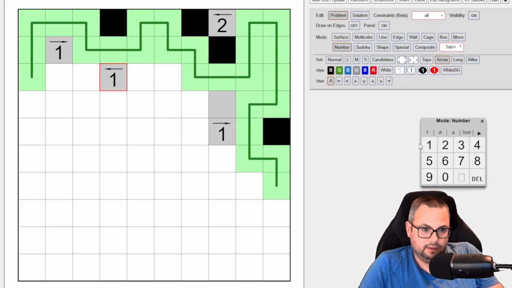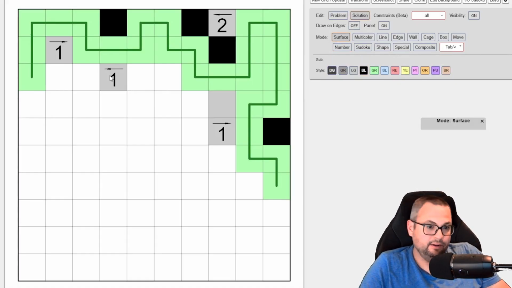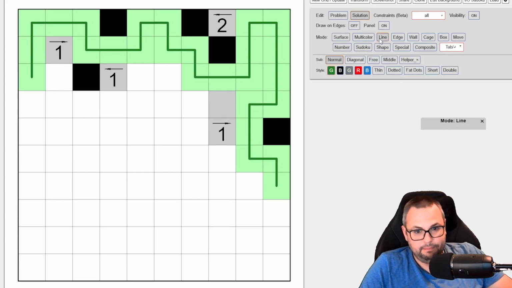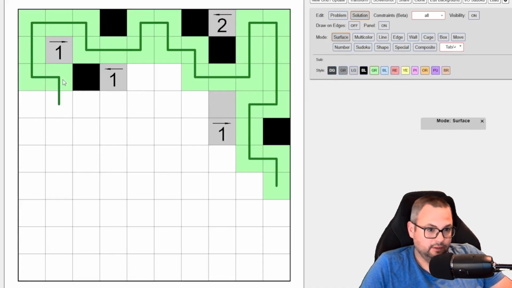So again, if this were the shaded cell, then this would be a dead end. So we can't make that the shaded cell. So we're obligated to make this the shaded cell. And again, that pulls the line like that through the corner.